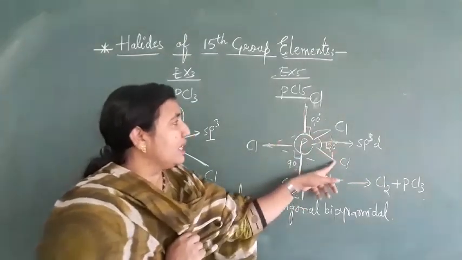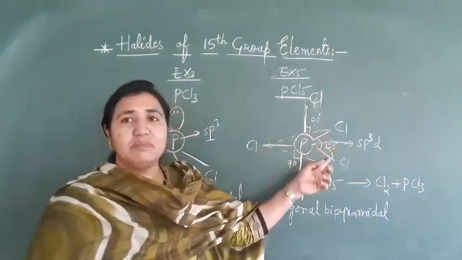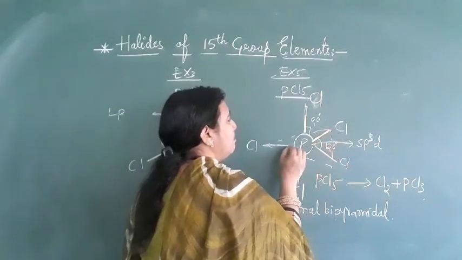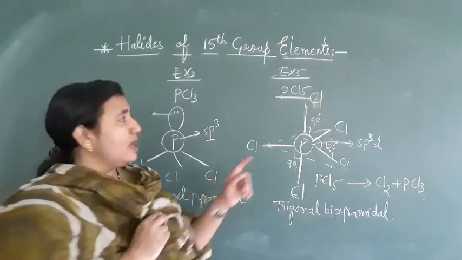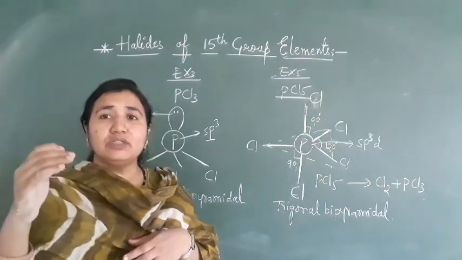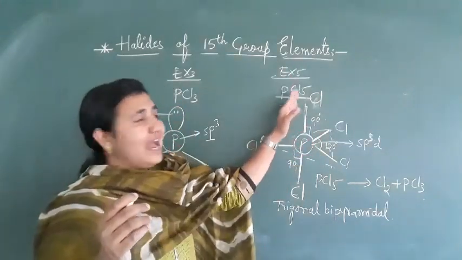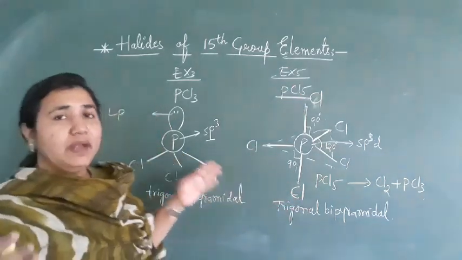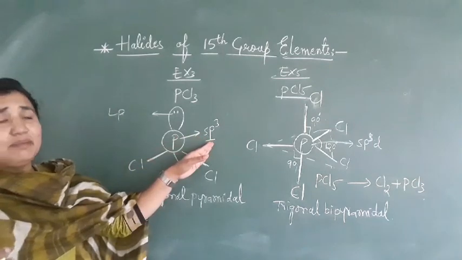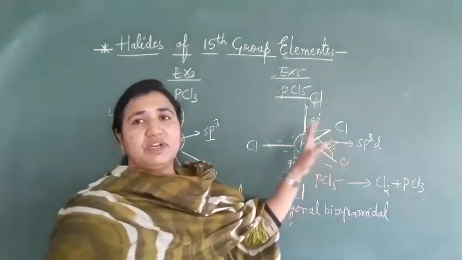But the three equatorial bonds have a bond angle of 120, less repulsion, so they cannot break easily, and they have equal bond length. Compared to the equatorial bonds, the axial bond length is larger due to repulsion. So PCl3 is trigonal pyramidal with sp3 hybridization, and PCl5 is trigonal bipyramidal with sp3d hybridization.